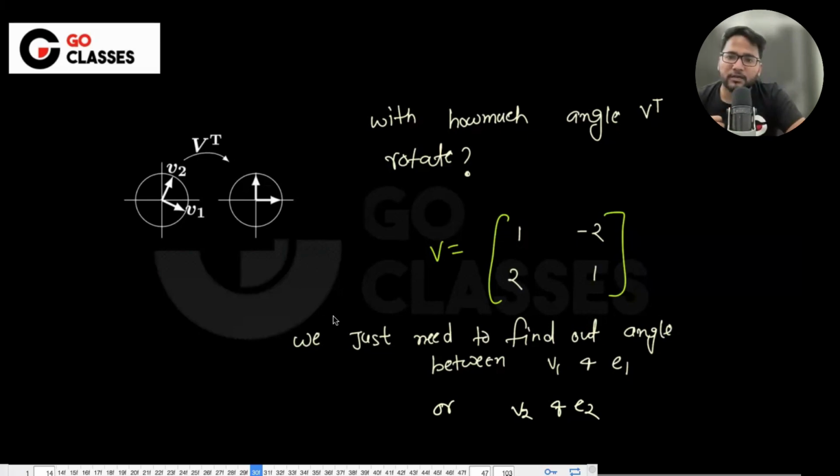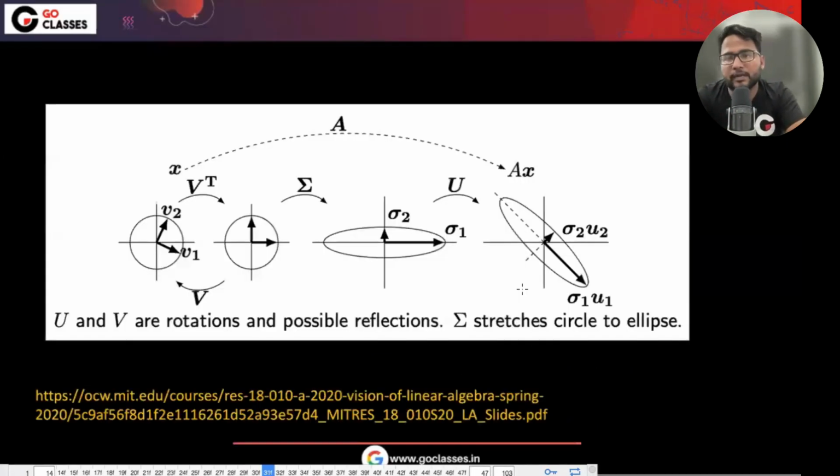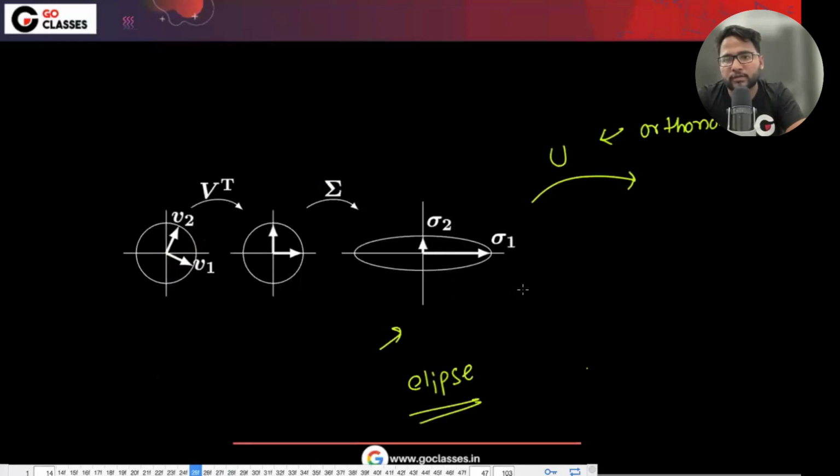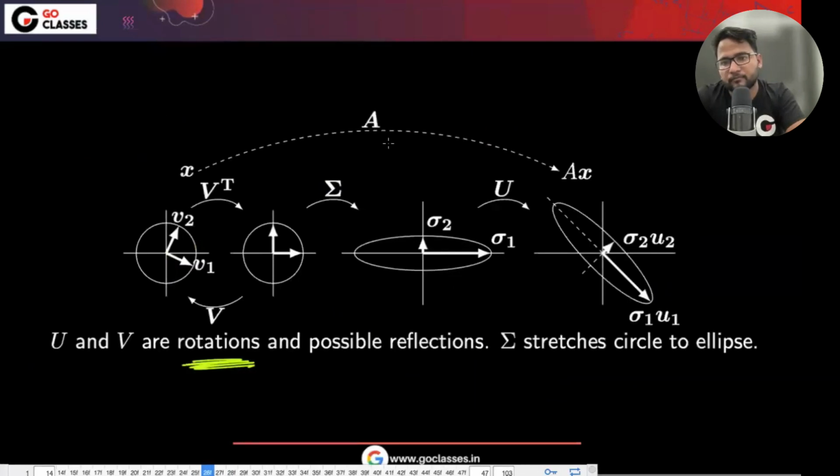That's fine. Now suppose you have to find out how much A is rotating. Then probably you have to find out how much this V transpose is rotating.